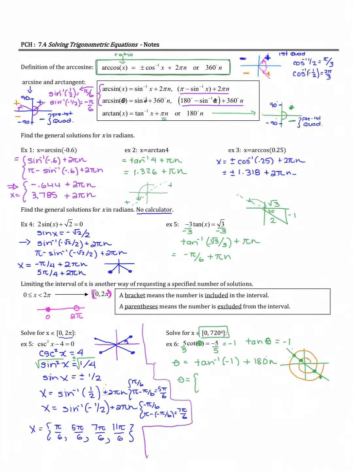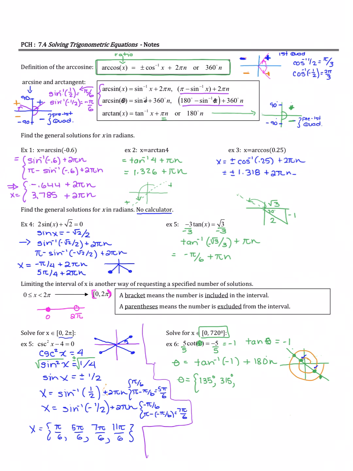So what would that give me? As I start going down the yellow brick road, my first would be 135, because we want it in that interval. Then, so that took care of that one. Then I keep going around the circle to go in order. The next one is here at 315.